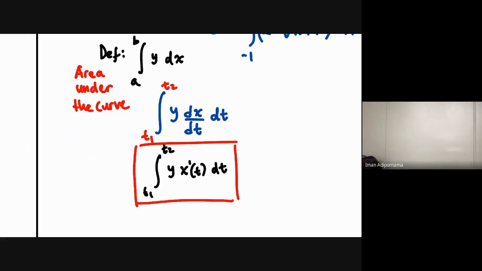Or if you want to complete the equation, you can add the function of t for y, but it's still the same meaning. If you want a complete form, we can write it like that. I hope this makes sense to you, how we can get this form.